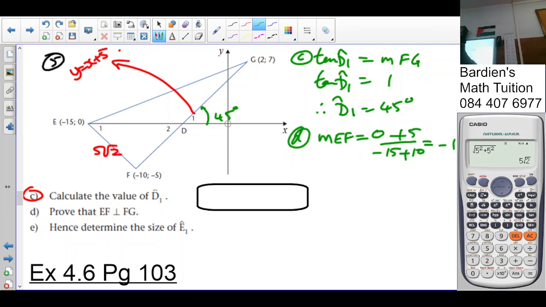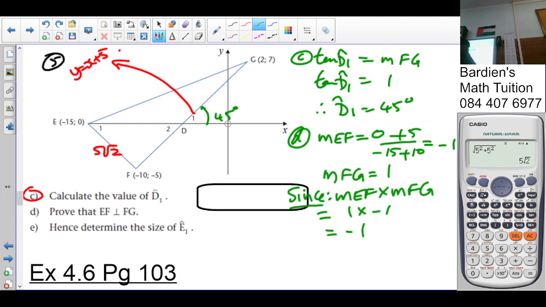The gradient of FG, we know already. What is that? 1. So we say since the gradient of EF times the gradient of FG equals 1 times negative 1, which is negative 1, therefore EF is perpendicular to FG. So what I do is I immediately put 90 degrees. You guys understand?